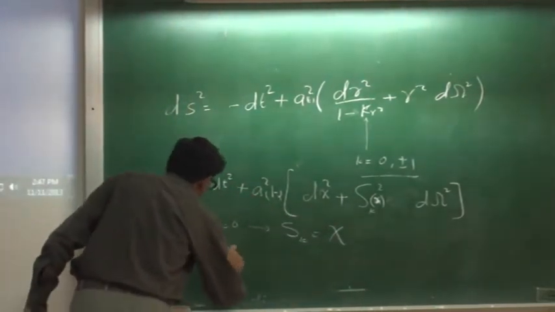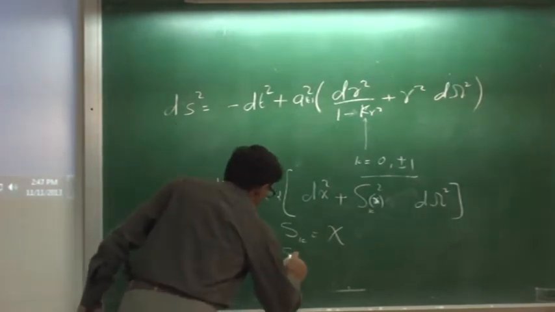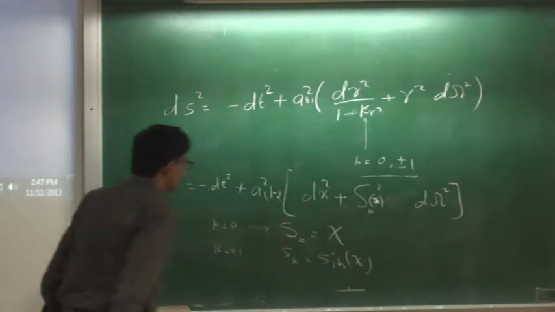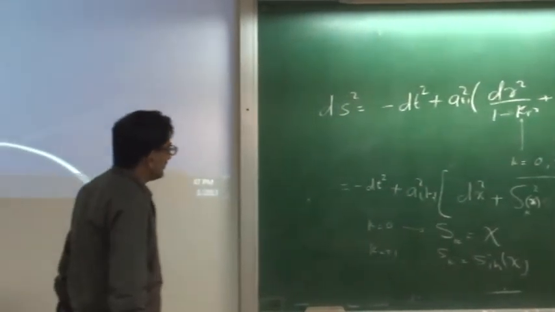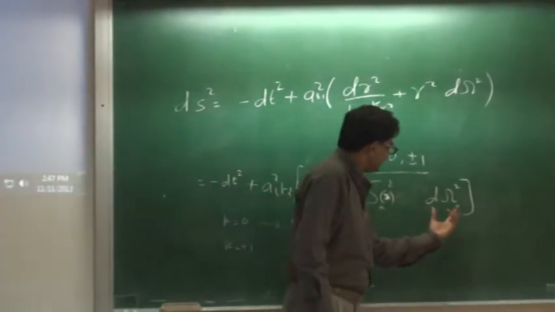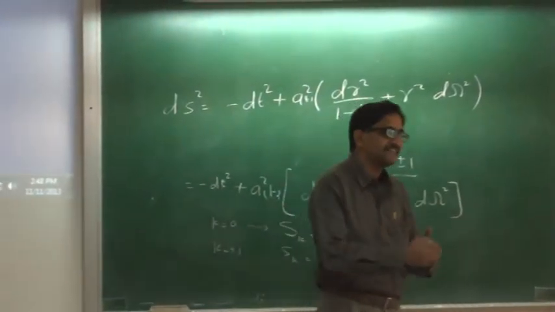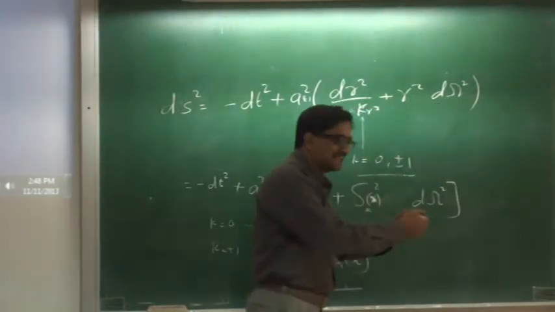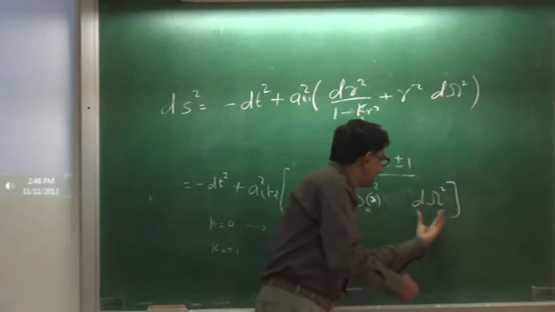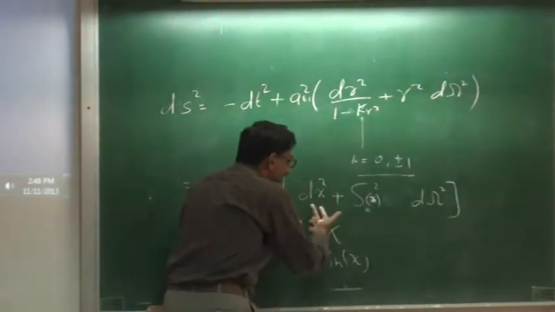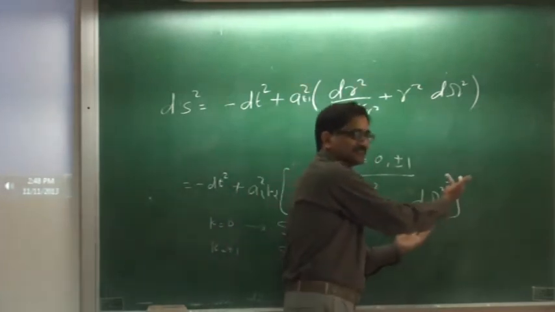If k equal to plus 1, then sk will be equal to sine of chi. Now if you look at it, this is sine square chi. So in some sense, you have this d omega square, which is d theta square plus sine square theta d phi square, and this is again that kind of a structure, d chi square plus sine square chi d omega square.